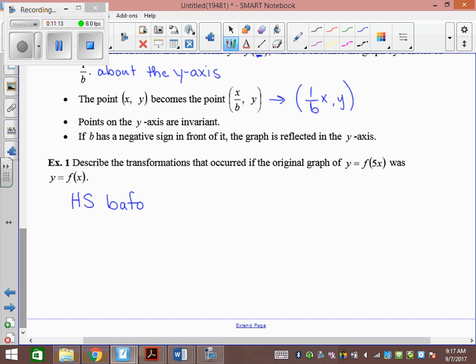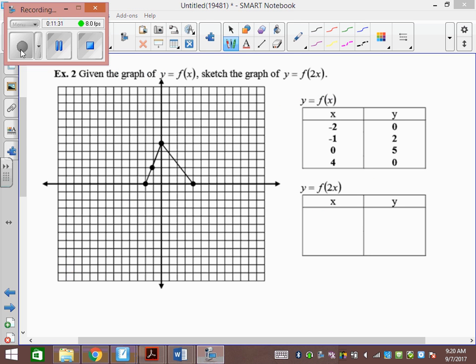This is 5 over 1, so our stretch is 1/5 about the y-axis. Oh, this here is the 2x, so it's actually stretching it narrower or wider? Narrower, because it's a horizontal stretch by a factor of a half.